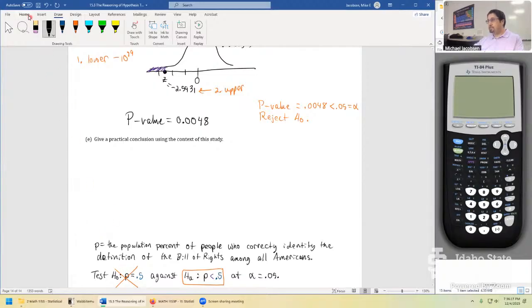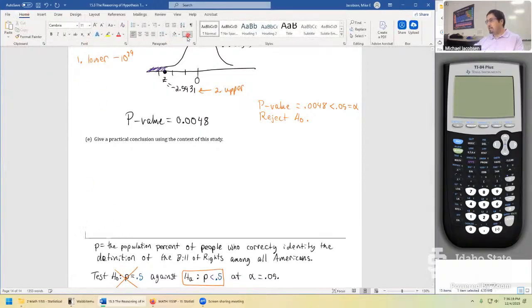Okay, let me put down just a border to say our answer is going to be up here, just for easy reference. When it comes to the practical conclusion, it's really all about saying whether you had the evidence or not and reading out whatever this is.